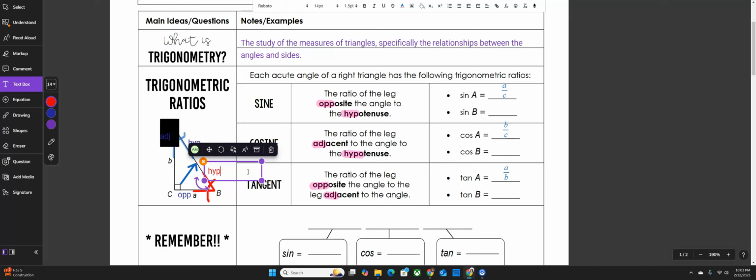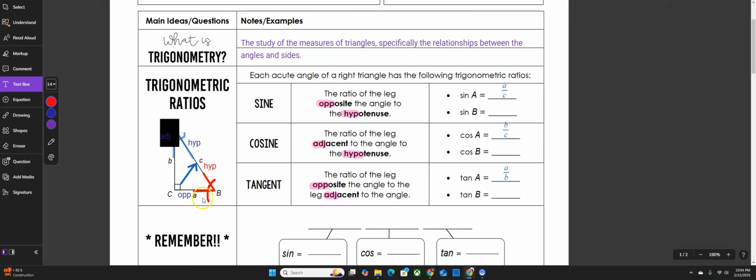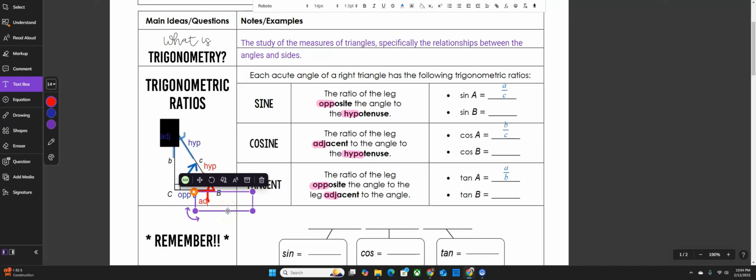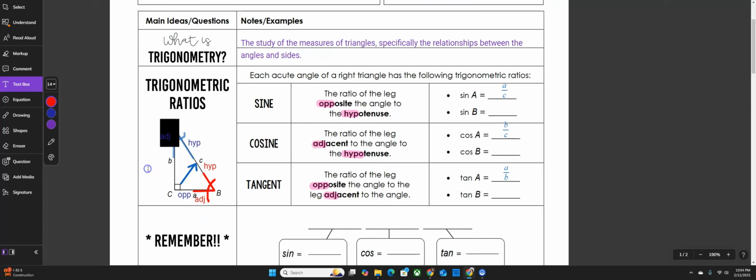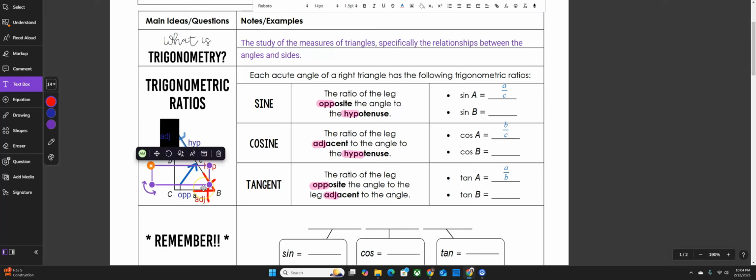Again, hypotenuse is always the same. That is going to be the side across from the 90-degree angle. Adjacent is going to be the side touching the acute angle that we're looking at. So in this instance, angle B. And that means the last one is going to be our opposite side.